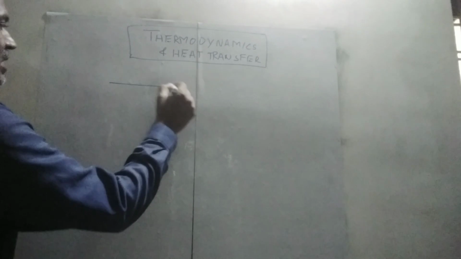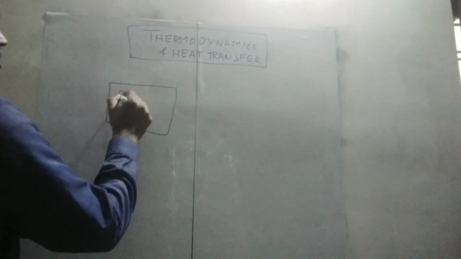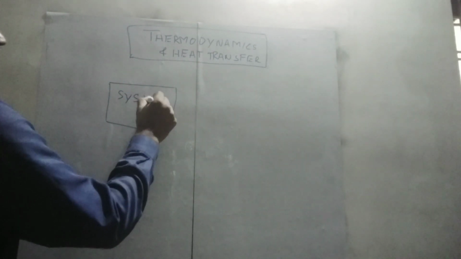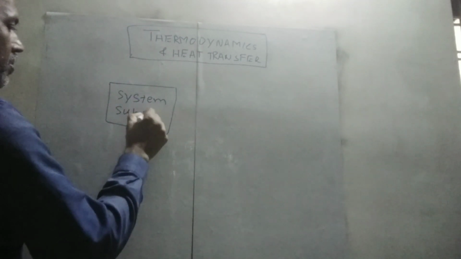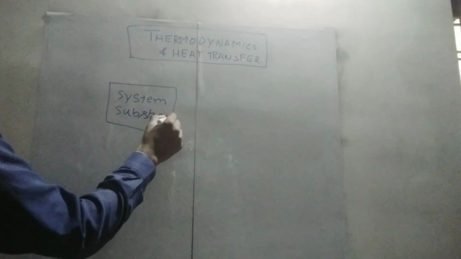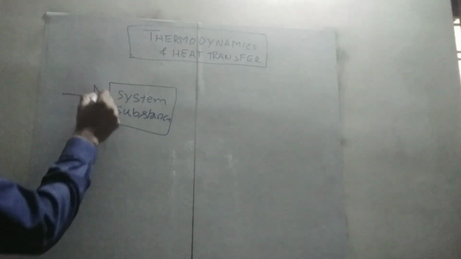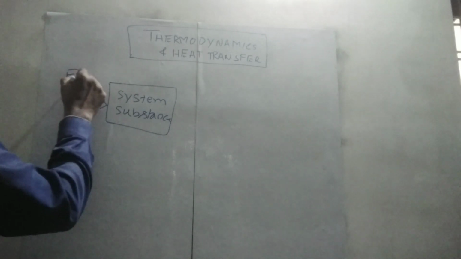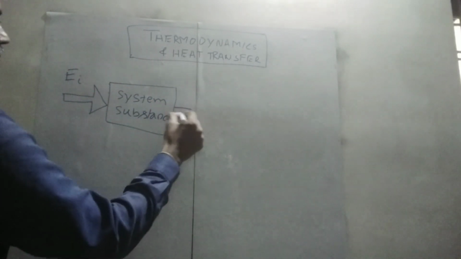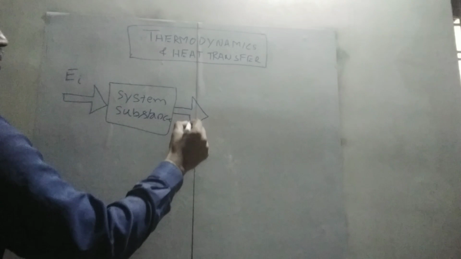Consider this as a system, and this system consists of a substance, and the system is subjected to some input energy, E input, and the system will result in an output of some energy, E output.